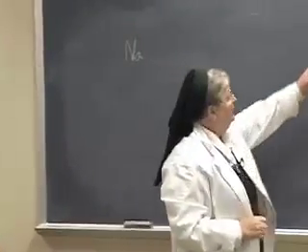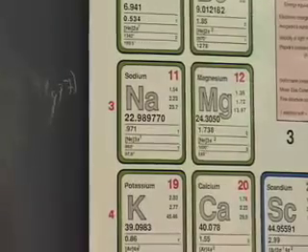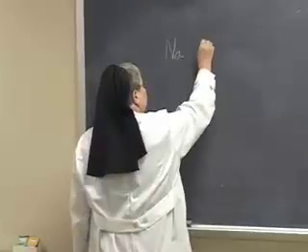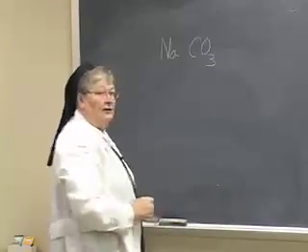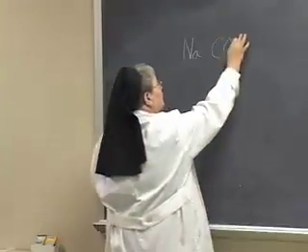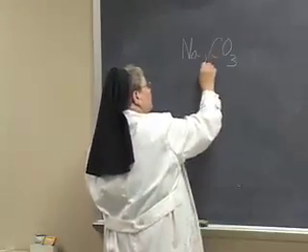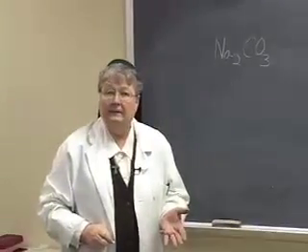You'll find it over here, in the first column. Carbonate is a polyatomic anion, and you have to know those by heart. It has a -2. Because it's -2 and this is +1, we have to take 2 of those. So this is the formula for sodium carbonate.